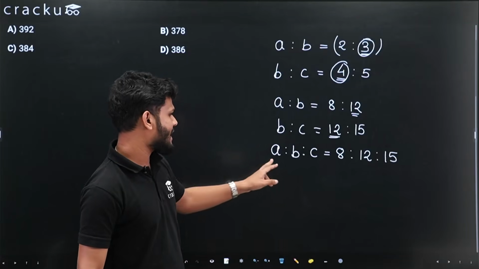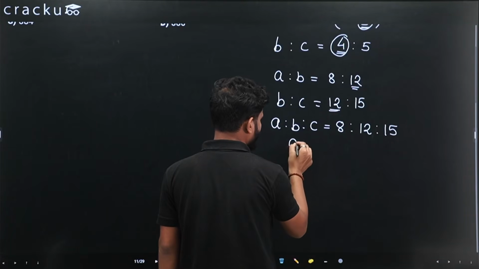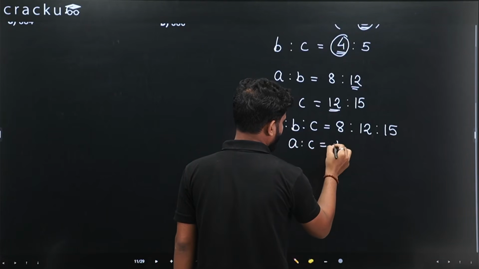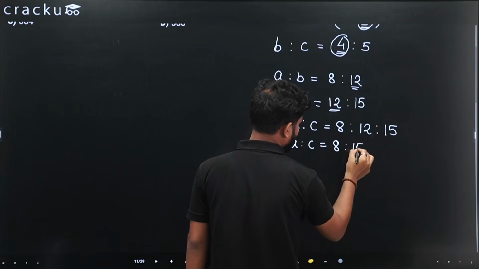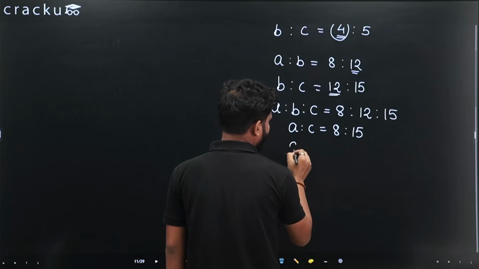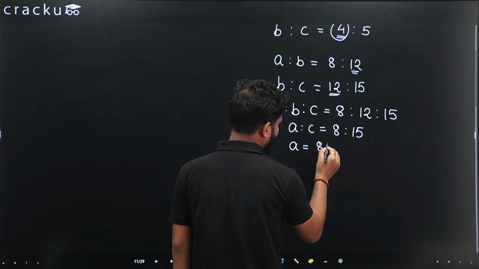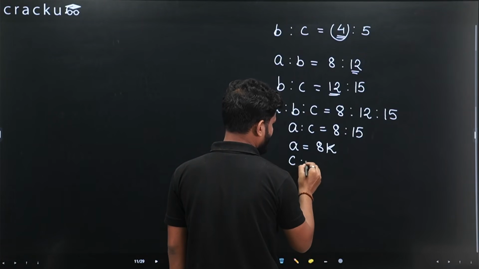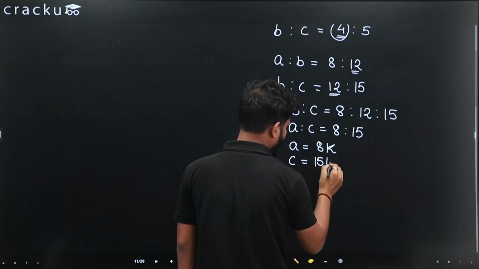So the ratio of A and C will be 8 is to 15. From here we get A is equal to, let us say, 8K and C is equal to 15K.